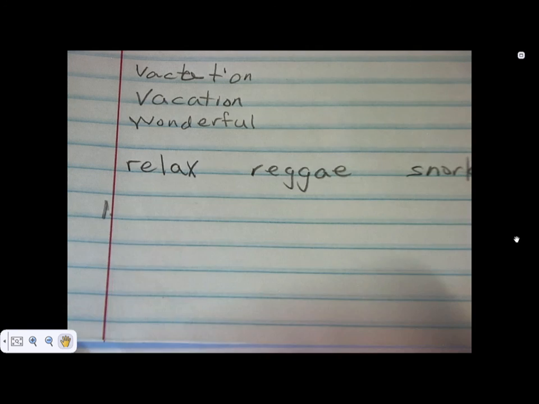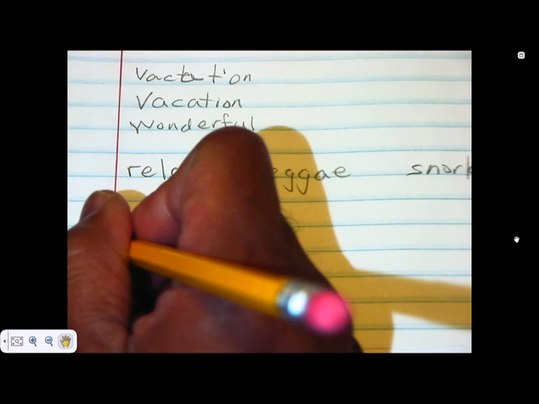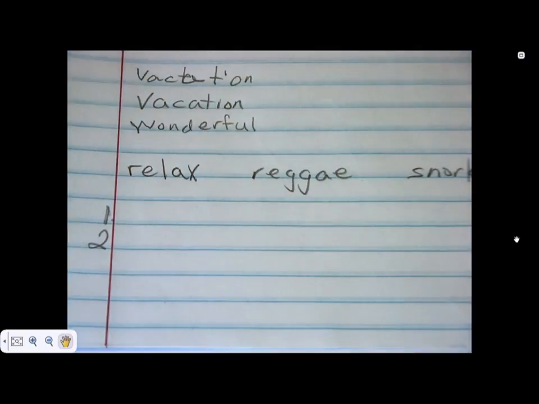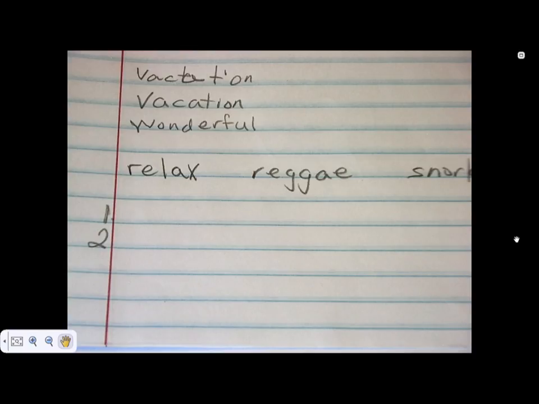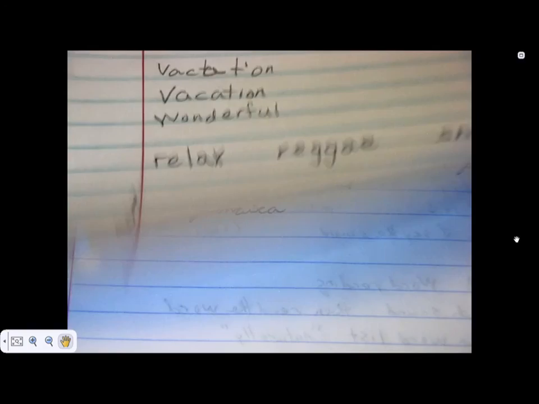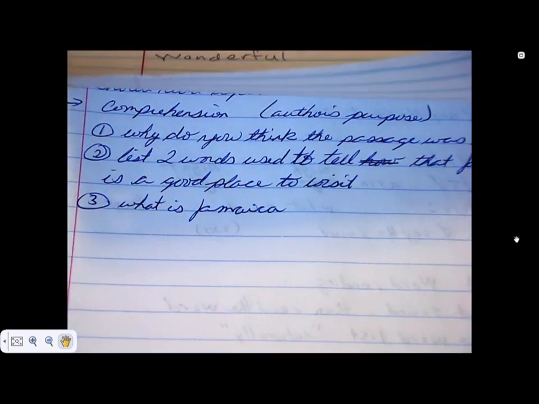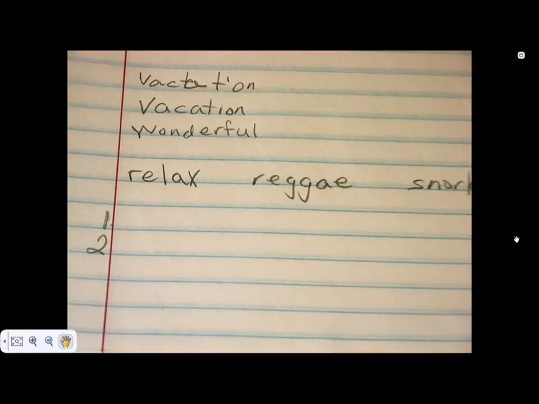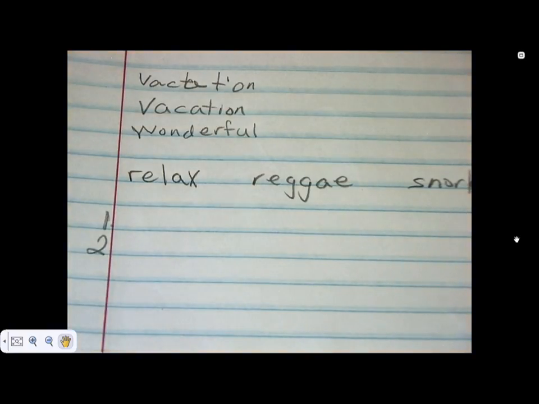Number two, give me two words used to indicate or to tell you why Jamaica is a great place to visit. Give me two words used to tell that Jamaica is a good place to visit. You've got 1 minute to work on that.